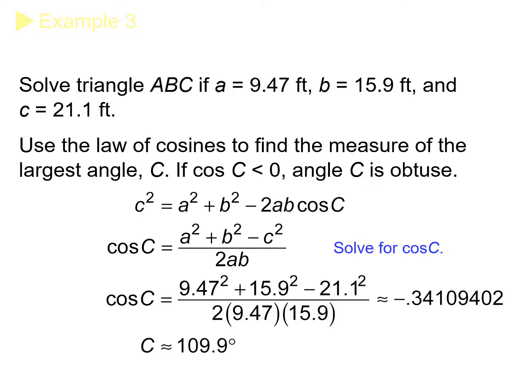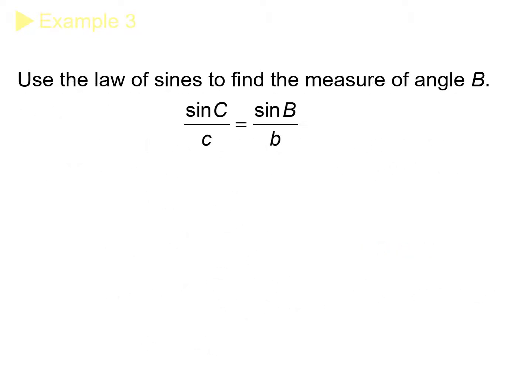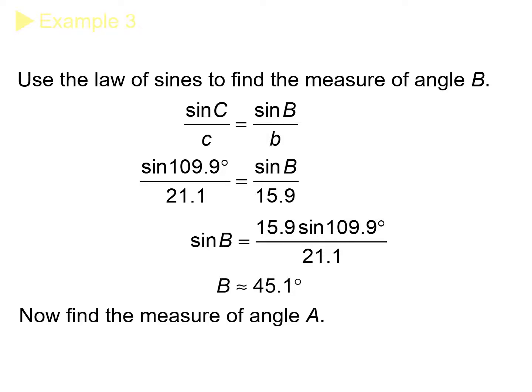So I know C is about 109.9 degrees. Using the law of sines, we can find angle B. Solving, I see that B is about 45.1 degrees. Now to find the measure of angle A, 180 minus the two calculated angles gives me 25.0 degrees.